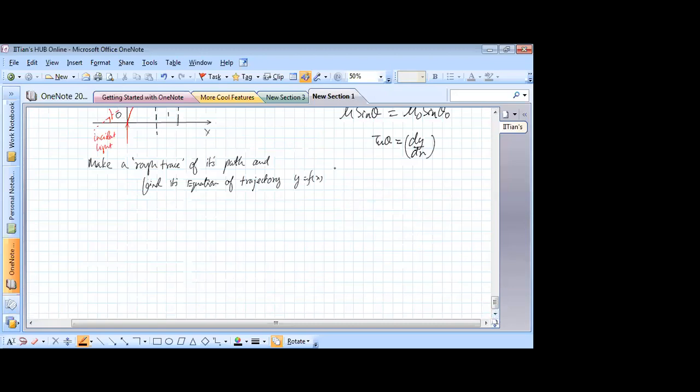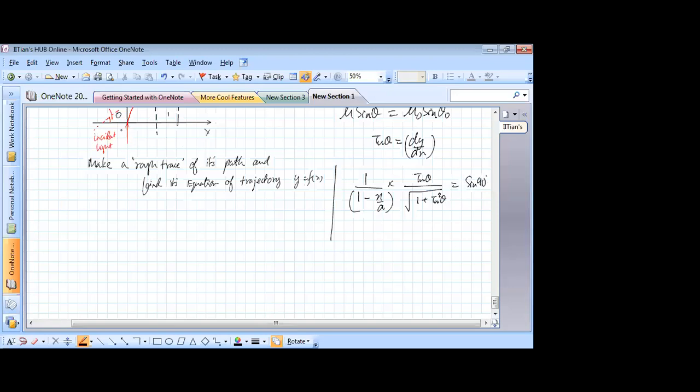So we have mu, which is that function, 1 upon 1 minus x by a into sine theta, which can be written as tan theta upon square root of 1 plus tan square theta is equal to sine 90.